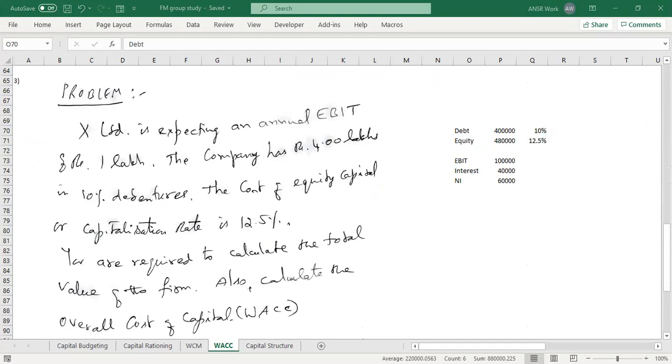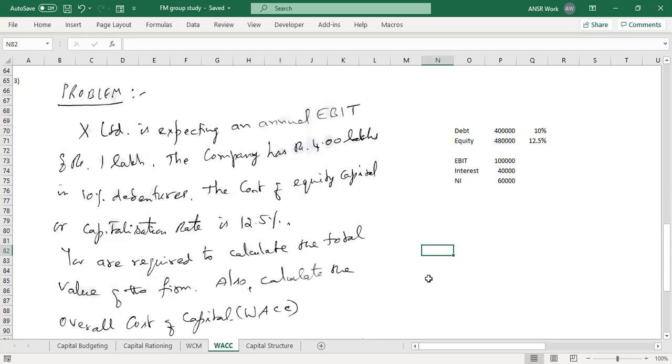I've just posted a question in the group, on WhatsApp. Once you have completed this, go for it. Yes, Dheeraj, it's 11.36. Perfect. Go for the new question that I posted in the WhatsApp group.